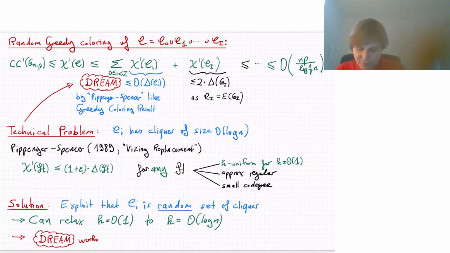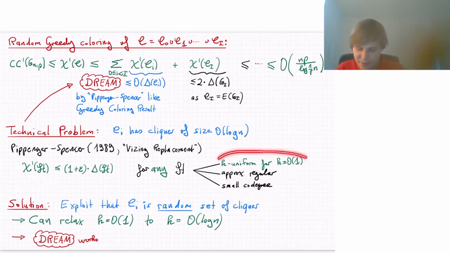Their result applies to any hypergraph H which satisfies a bunch of properties. In this case, the uniformity, the size of each edge, should be constant, the graph should be approximately regular, and the codegree should be much smaller than the degree. Okay, so once you have this, then you can get this kind of result. The interesting thing here perhaps is that if you look at this collection of cliques C_i, it actually satisfies these last two points. So it turns out you can prove that it's approximately regular and has much smaller codegree.